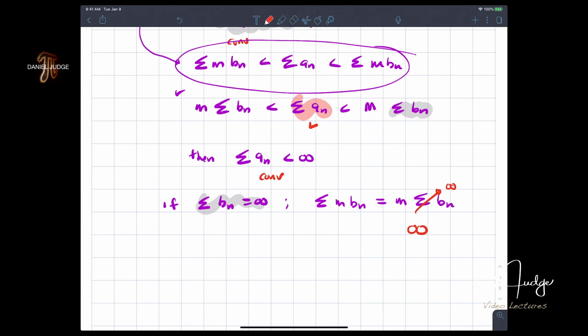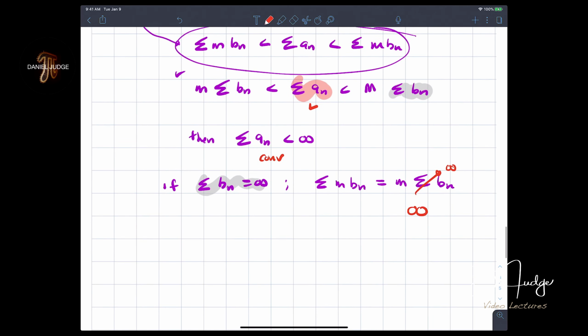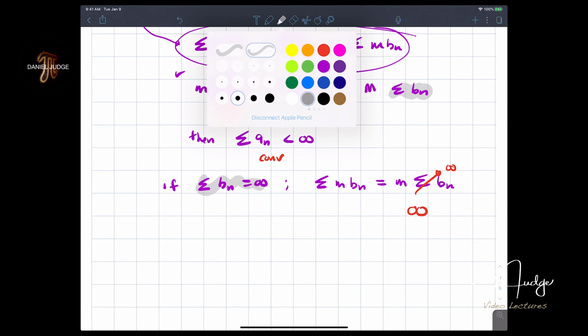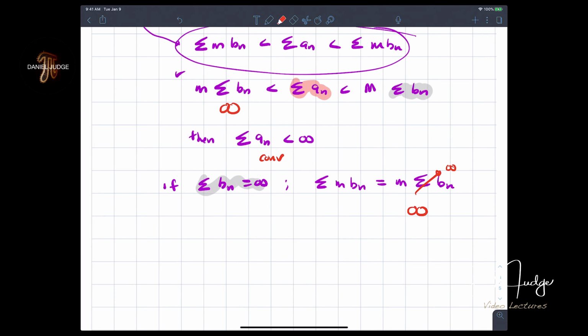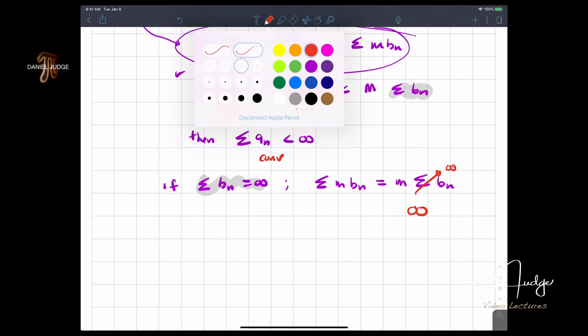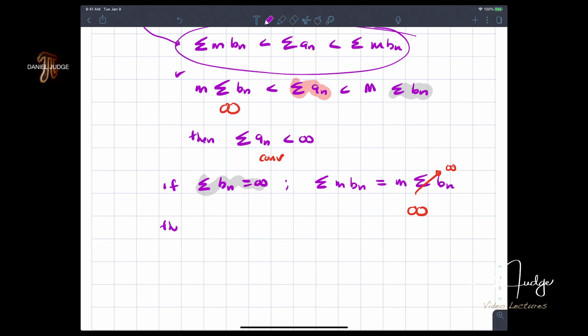And more importantly, if I use this comparison, what we're saying here now is this is infinite. So the smaller series in relation to sum An diverges, that forces the larger series, sum An, also diverges.